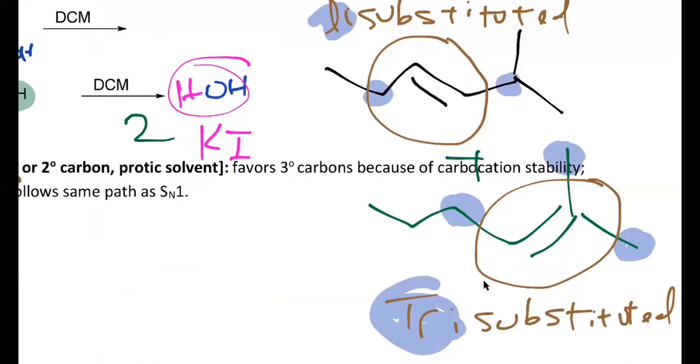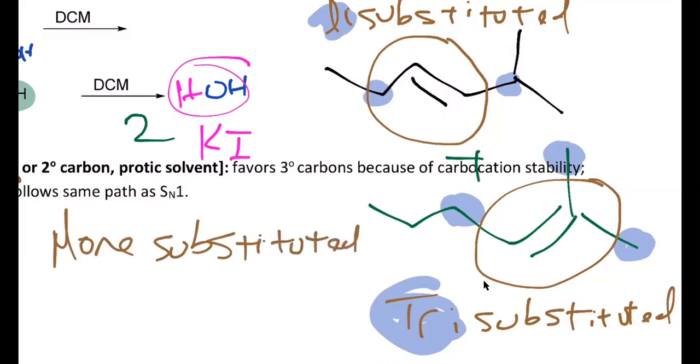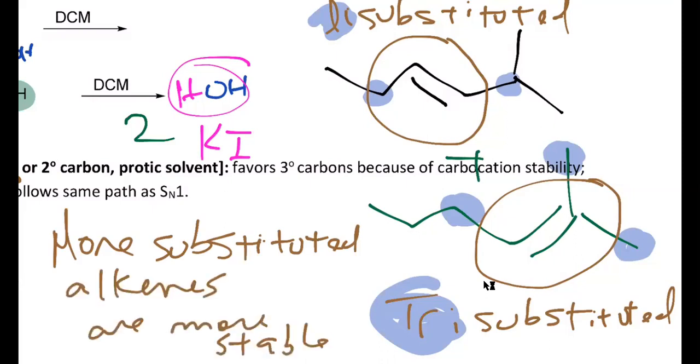But for alkenes, the more groups you have attached, the more stable the alkene is. I'm gonna write it out. Right. So more substituted alkenes are more stable.